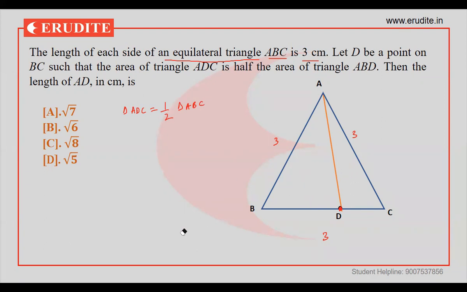So let's say, guys, I am dropping a perpendicular from point A and giving it the name point E. This is an equilateral triangle, so the height of an equilateral triangle, the formula is root 3 by 2 into side. And the side is given as 3. So 3 root 3 by 2. This is the AE length. We can figure it out.